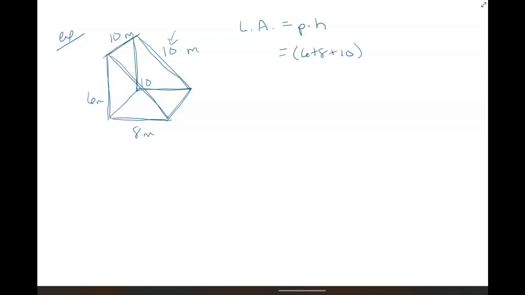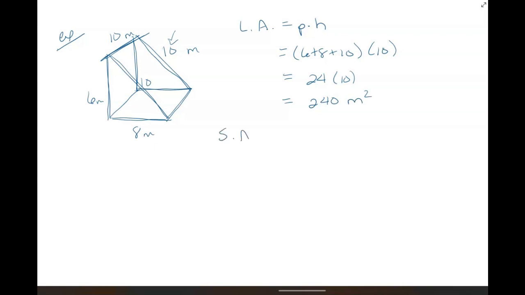And then the height is going in this opposite direction, which happens to also be 10. So we get 14 and 10, which is 24, times 10, which is 240 meters squared. That's my lateral area.